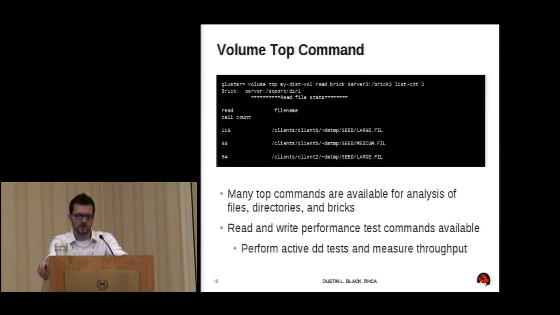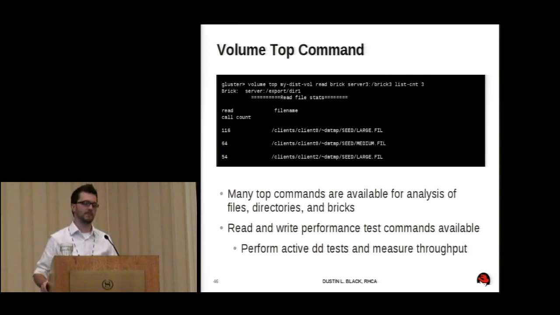In this case, I'm just showing an example where I said, give me the volume top of this volume, and I want to see the read values on a brick level of this brick. And the last little option that I passed there is list count 3. So show me the top 3 read activity based on the brick. And so you can see it's going to show me the read count of some individual files that are on there.